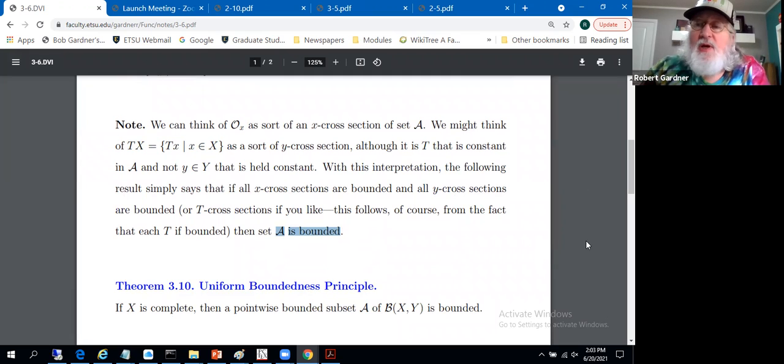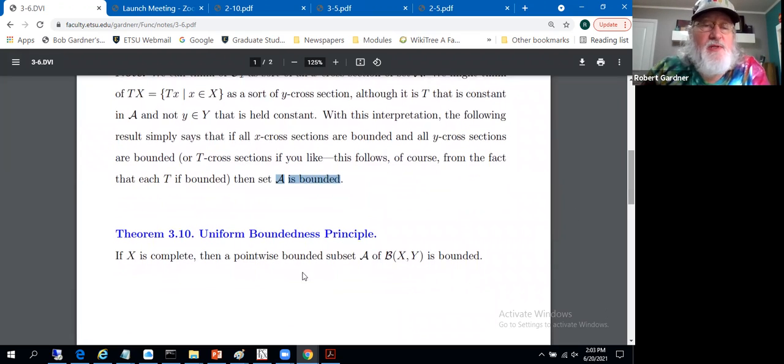But the formal statement is, if space X is complete, upstairs, we set this up with only normed linear spaces. We needed norms to talk about boundedness. We didn't have assumptions of completeness, but now we're imposing completeness on X. If X is complete, then a pointwise bounded subset, calligraphy A, of the bounded linear operators from X to Y is bounded. So pointwise bounded implies bounded.